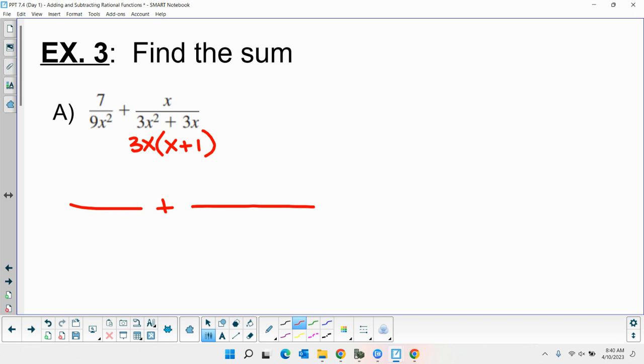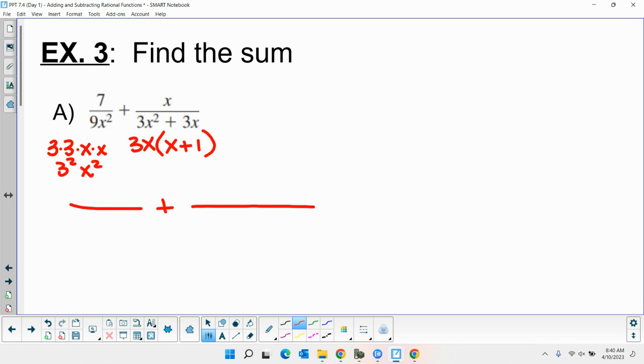And 3x goes into 9x squared, doesn't it? So I don't have to rewrite this 3x. Okay, this is 3 times 3 times x, right? All right, or we could say it's 3 squared or an x squared.